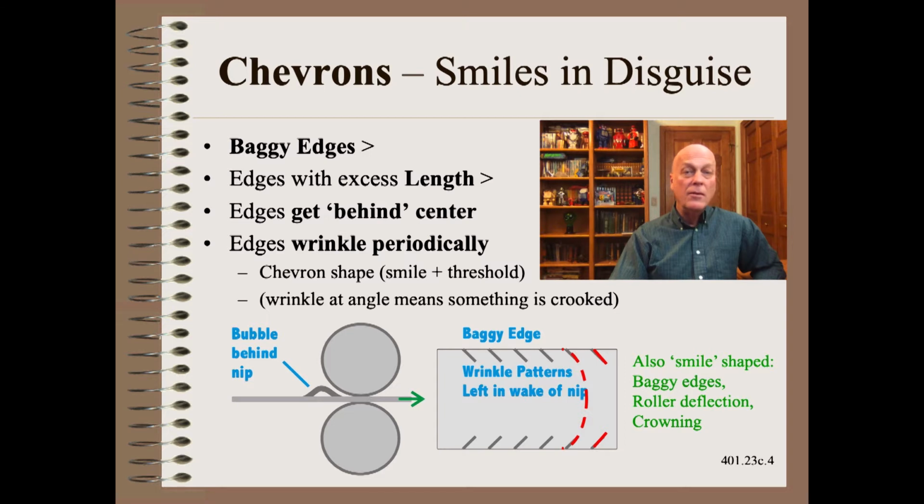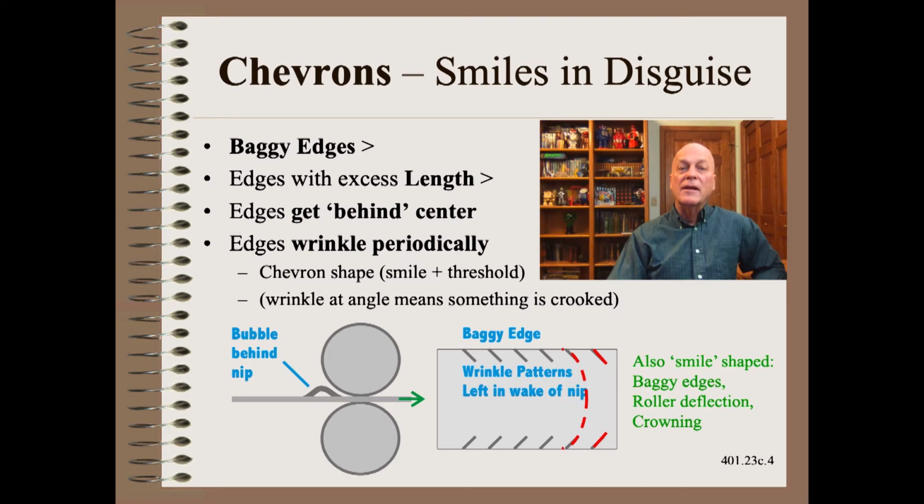Those of you who do not know this really should go to school. In any case, the chevron is really a smile-shaped natural length profile, but you don't see the entire shape due to thresholding. You only see the edges.